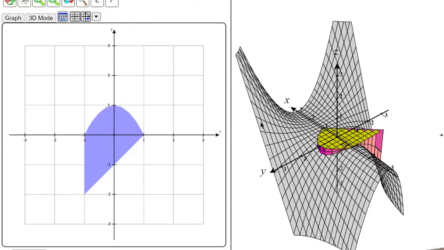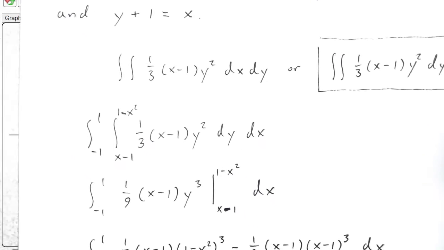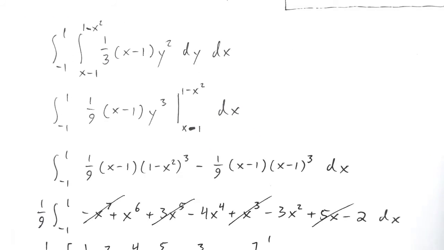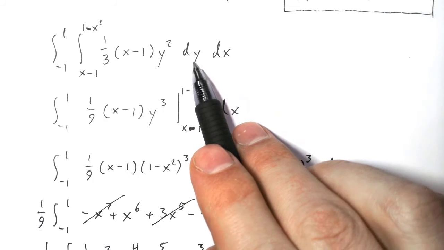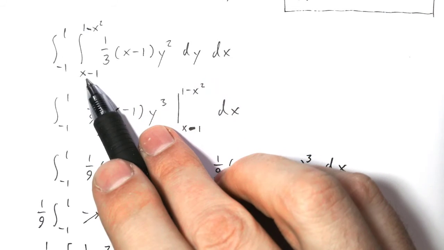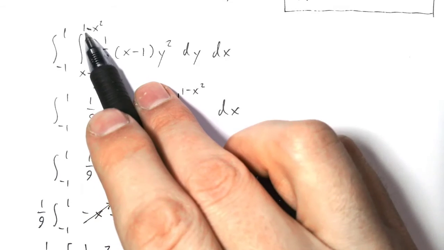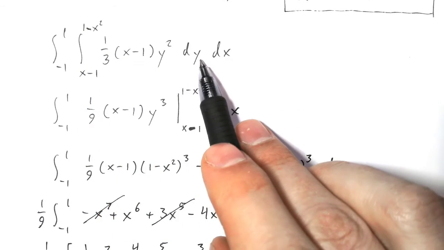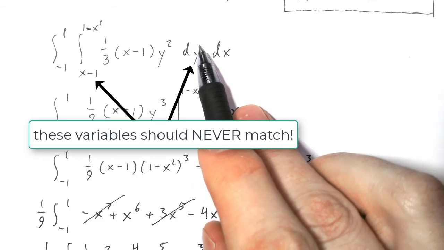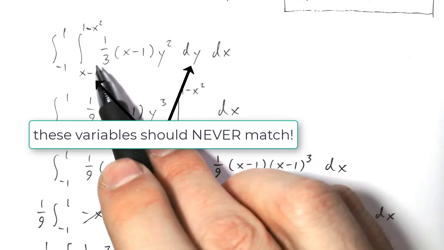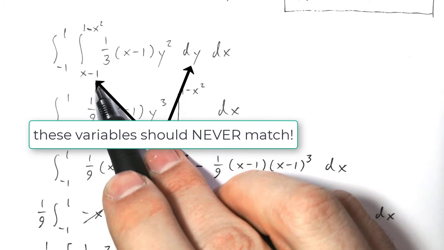I also want to point out that in the computations here, we had an integral in y, and we had expressions in x over here. That will always be the case. This variable that appears in the bounds should never, ever match the variable that is over here. So it would be wrong to put expressions in y.